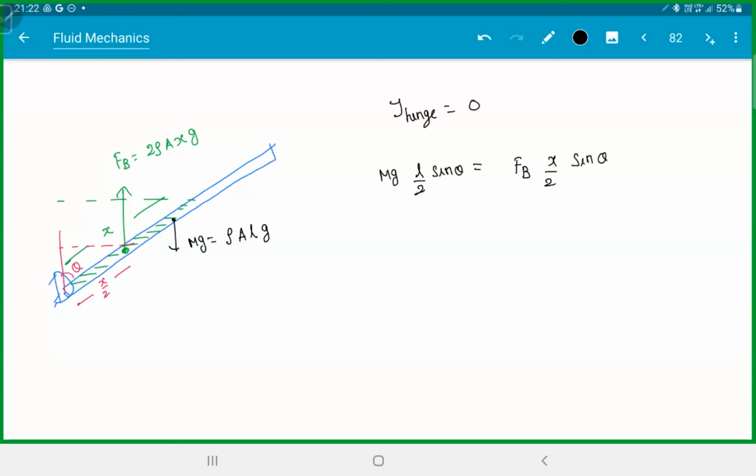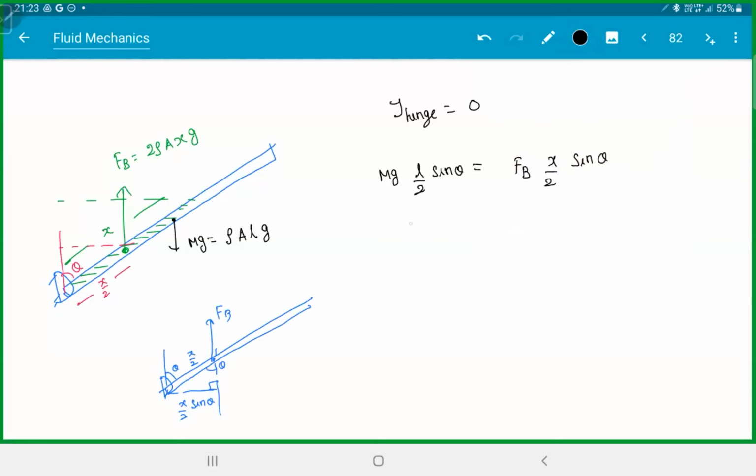Everyone agrees? If you want, I'll just draw that again. See, this is the hinge. This is Fb. Extend the line and drop a perpendicular. This is theta. This is theta. And this will act at x by 2, so this will be x by 2 sine theta. Sure, that's the perpendicular distance.